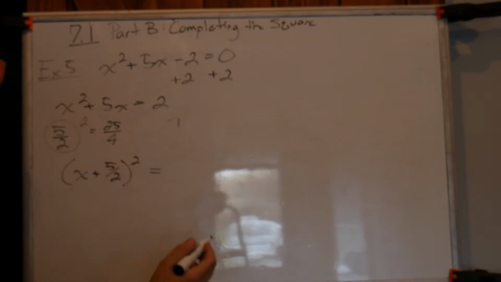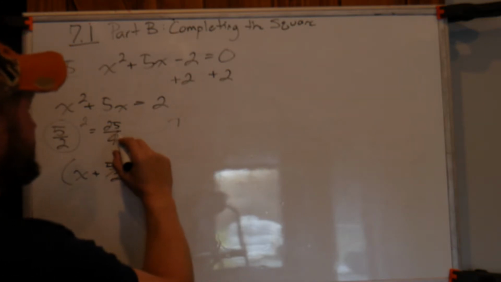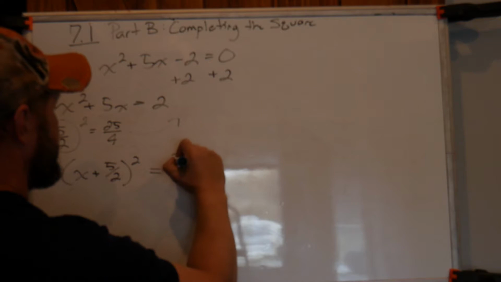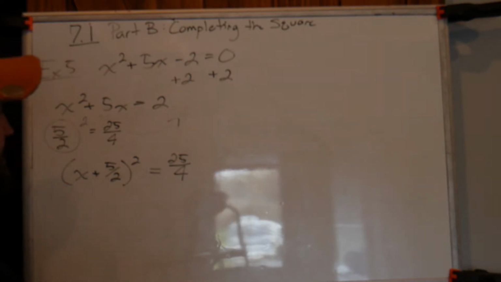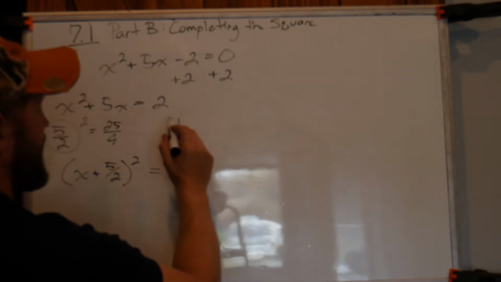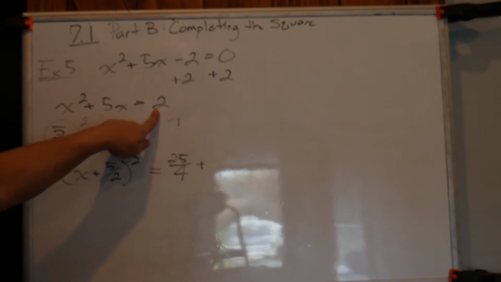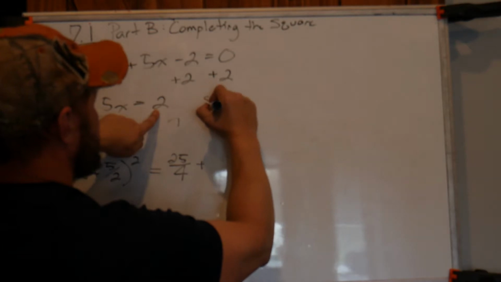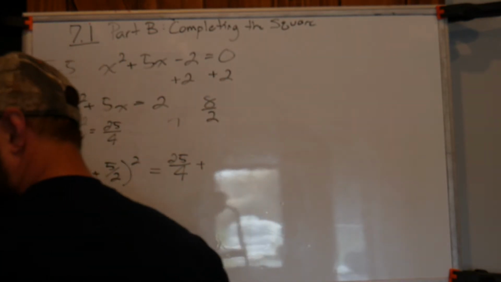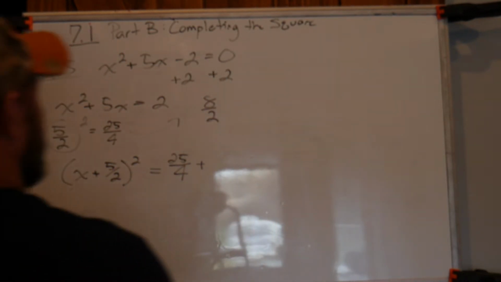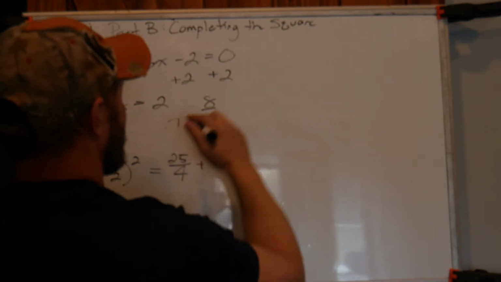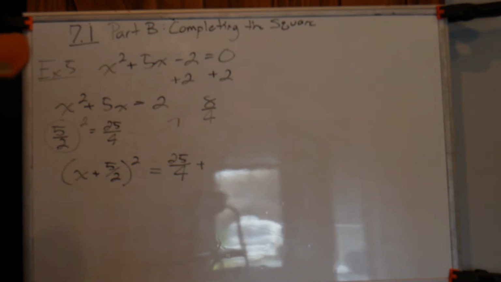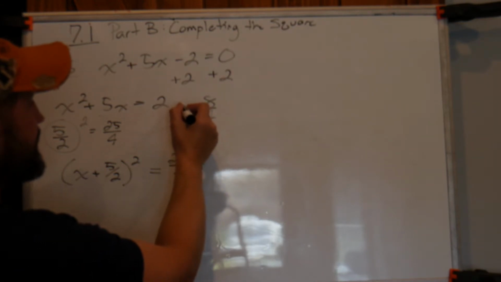So I'm going to take an extra step though. I'm going to take my 25/4 and I'm going to add my 2 that I have. To make this work, I need fourths, so I can add everything together. 2 becomes 8/4.